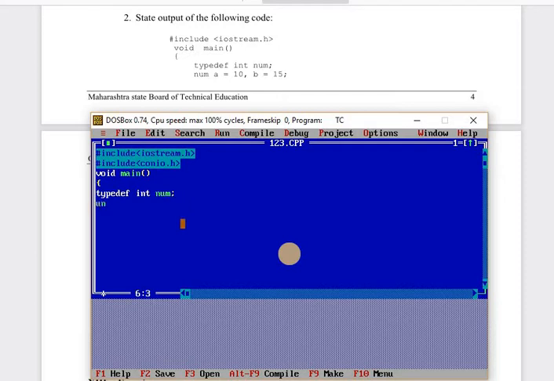Now see here, instead of writing int we are using num: a equal to 10, b equal to 15.